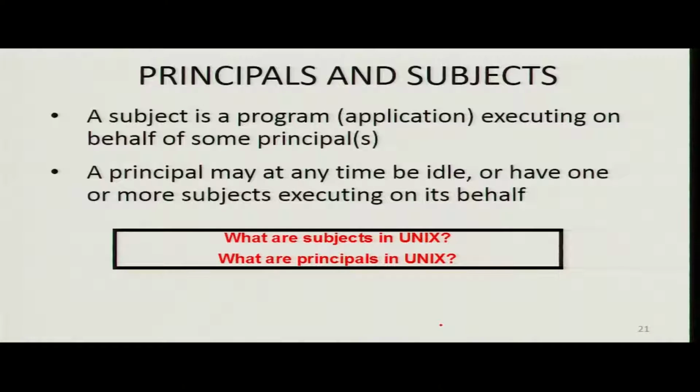First of all, whenever there is a system which is based on authorization or authentication, we have this notion of subjects and principals, and this is not only in computers. You have this idea even in other places.